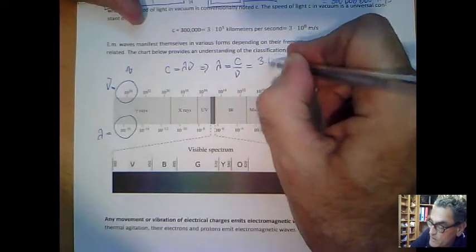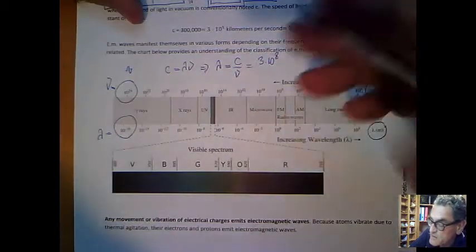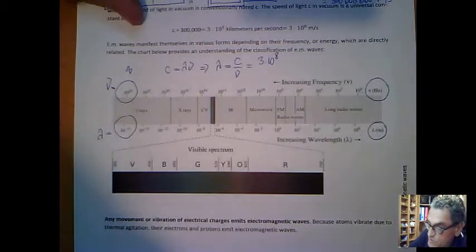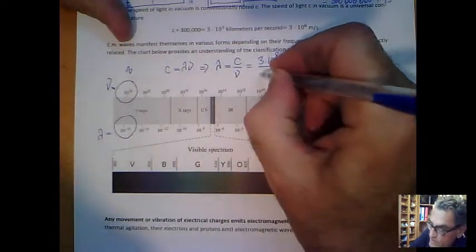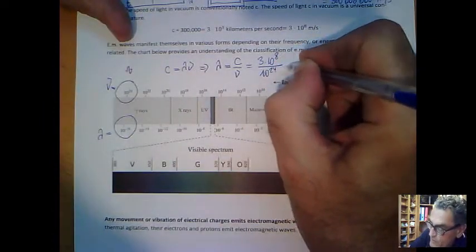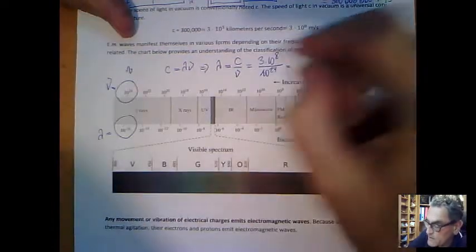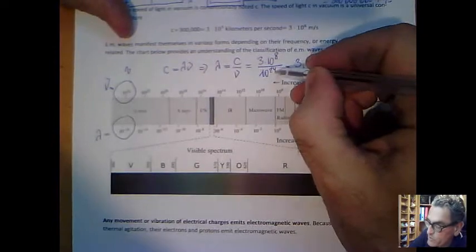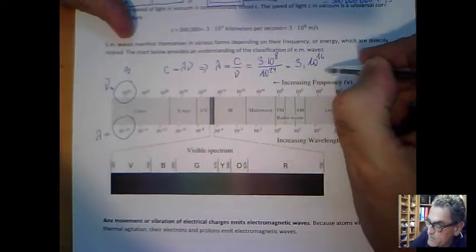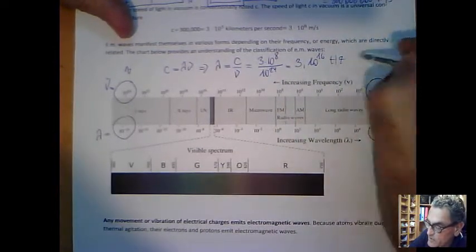c is 3 times 10 to the 8 in the basic units, meters per second. And nu, the frequency, which you have here, is 10 to the power 24. Okay? So this gives us 3 times 10 to the power 24 minus 8, which is 16 hertz.